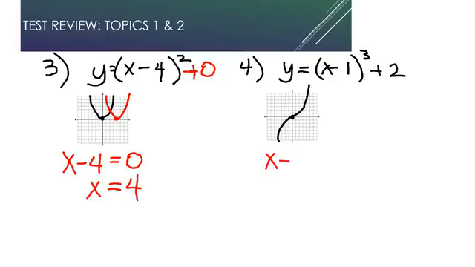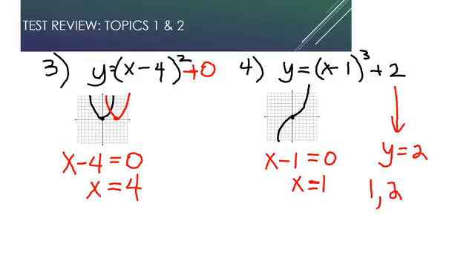We're going to take the x minus 1 out, and so therefore x equals 1, so we're going to shift it to the right 1, and right here y is going to equal 2. And therefore my new point is going to shift right 1, up 2. So right 1, up 2 is about right there. And then I'm just going to draw my cubic right there. Okay.